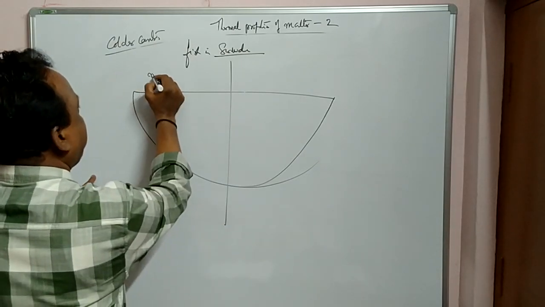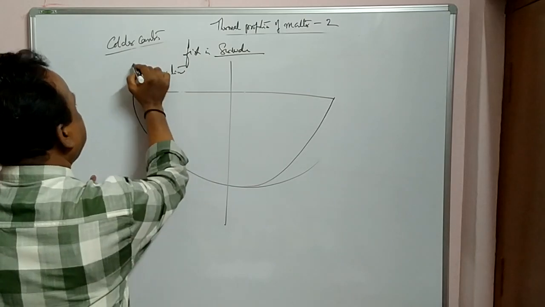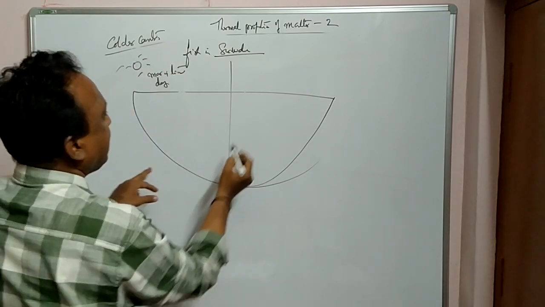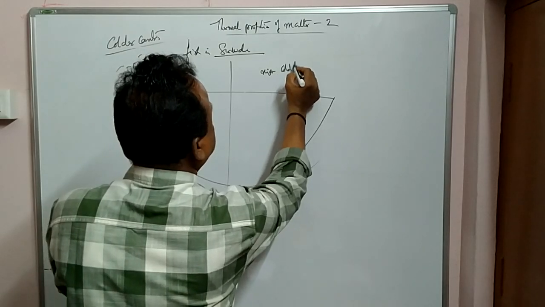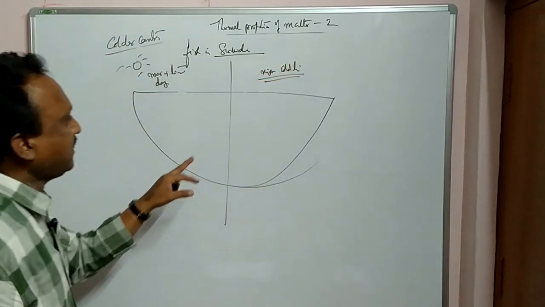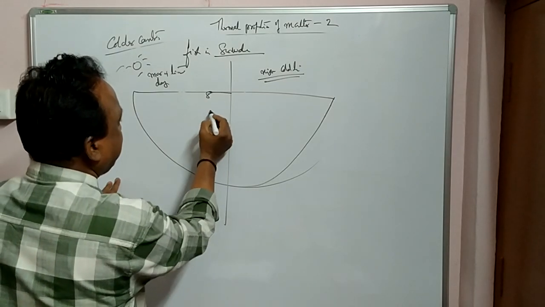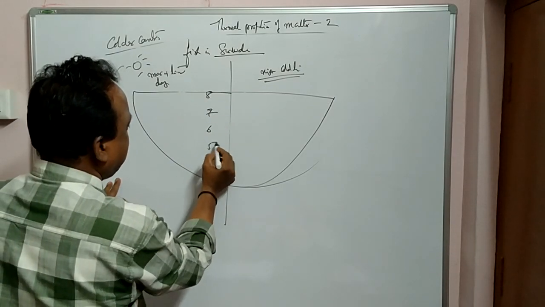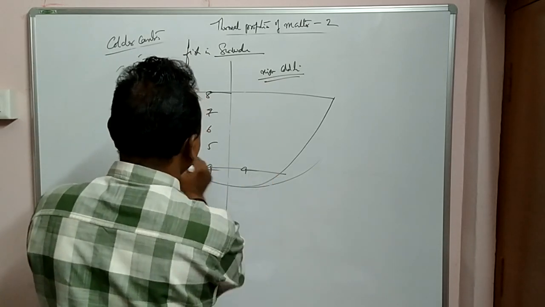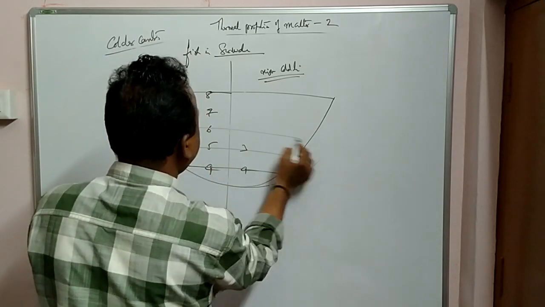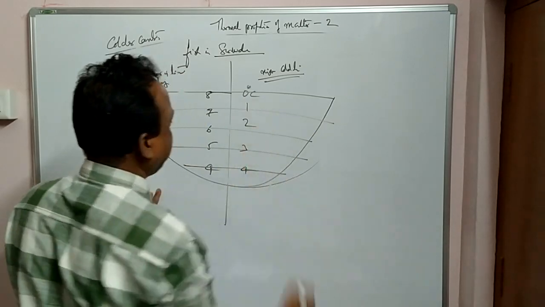Suppose this is morning time, that is daytime, and this is night, that is cold time. Now you observe, in the daytime the temperature is high: 8, 7, 6, 5, 4, the same way 4, 3, 2, 1, 0 degree centigrade.